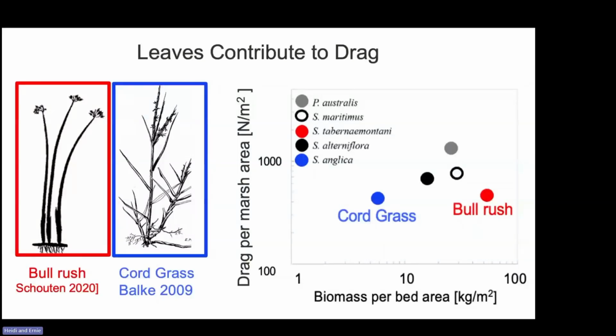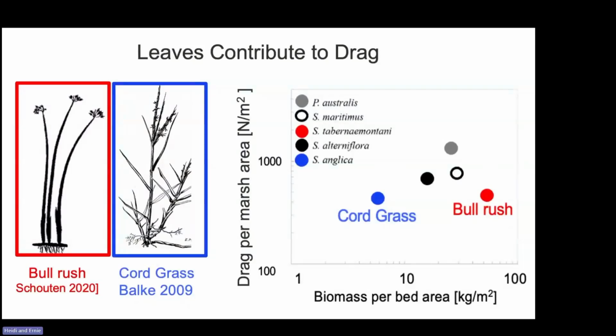In this example, we are considering the contribution from leaves. So we compared the drag generated per marsh area for plants of different morphology, which are associated with different amounts of biomass per bed area, which is shown on the bottom axis. Biomass per bed area is a common ecological parameter that is monitored in marshes.